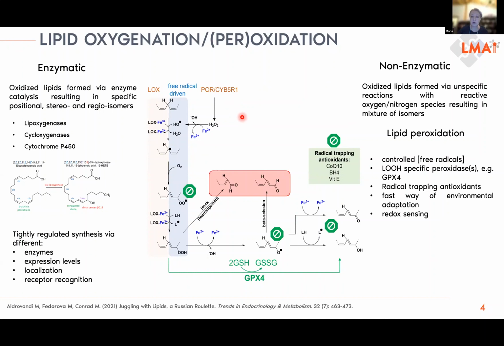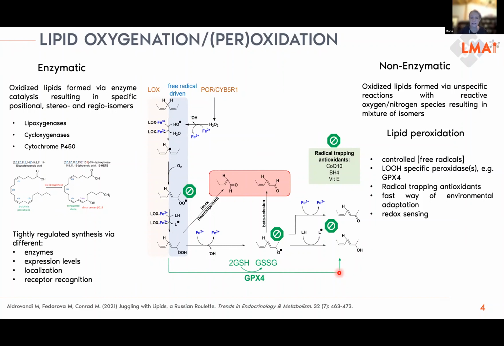So there is a whole number of radical-trapping antioxidants, as we know now, and the level of those antioxidants can be increased or decreased by the action, again, of specific enzymes responsible for their production or renewal. And there are also different enzymes which can act on the level of lipid peroxides, bringing them to less toxic alcohols. And the best example which we know now, with the development of research in the ferroptosis field, is GPX4.